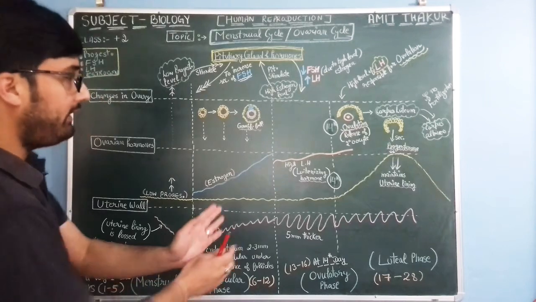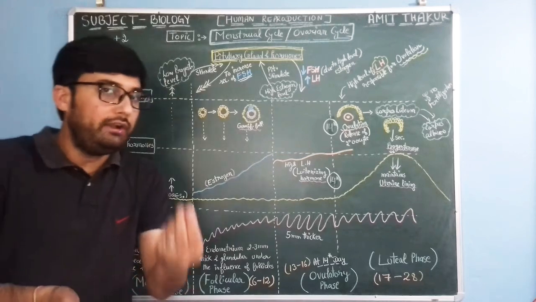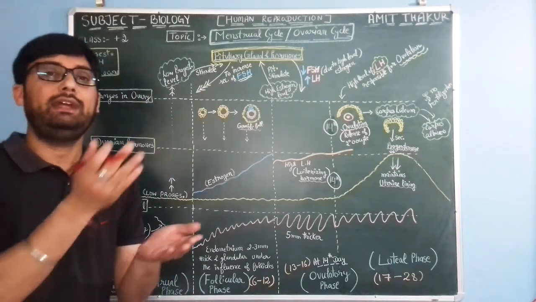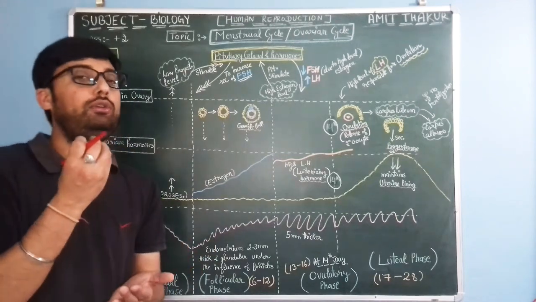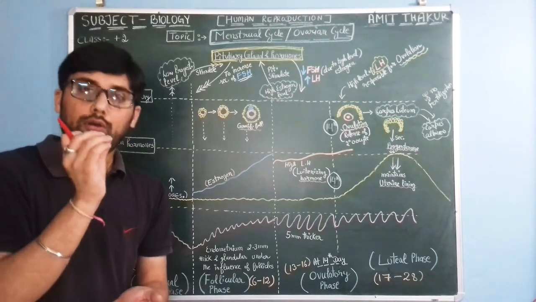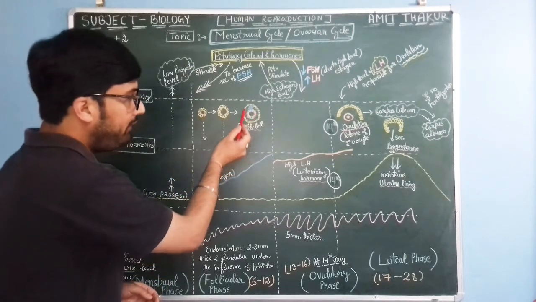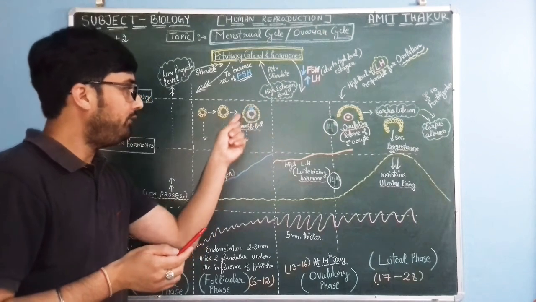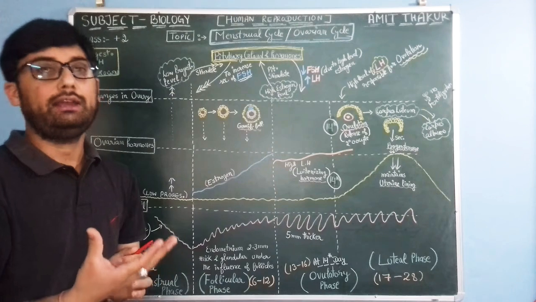Now, what happens next? The next phase is a very important phase, known as the ovulatory phase, which may take place from day 13 to day 16, and to be more exact, on day 14 ovulation occurs. What is ovulation? The Graafian follicle releases the secondary oocyte.